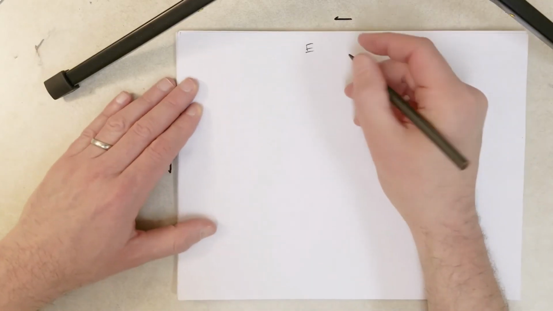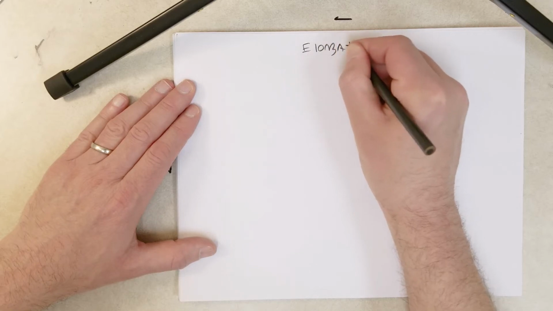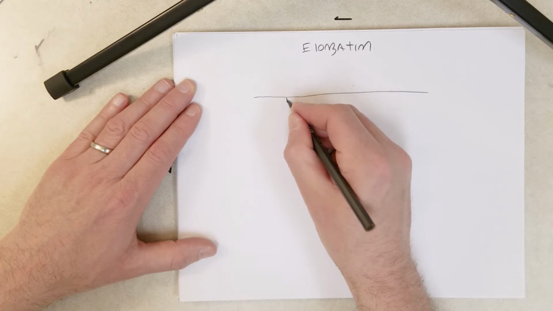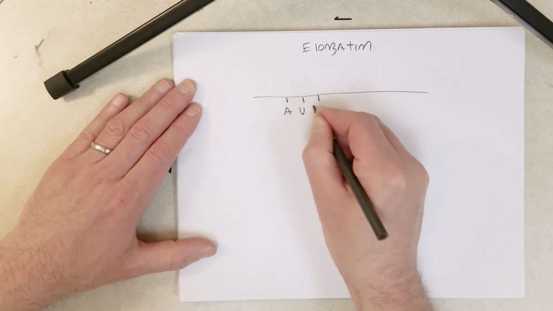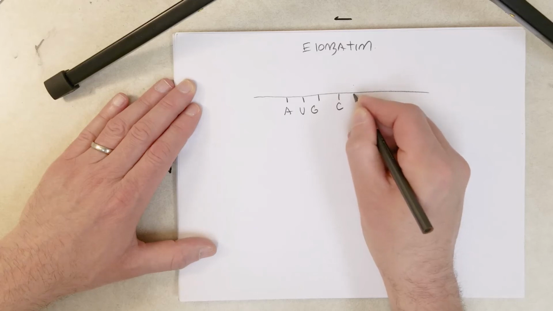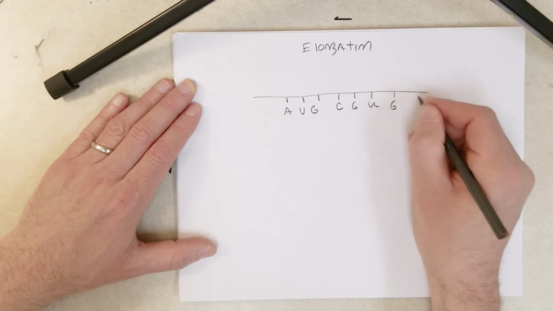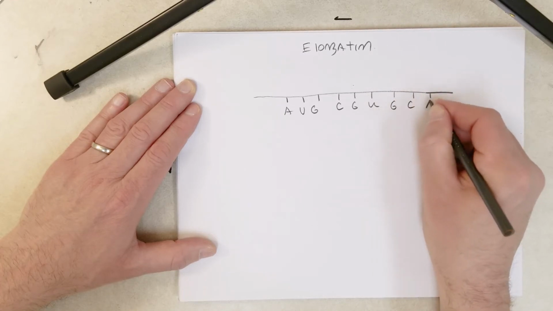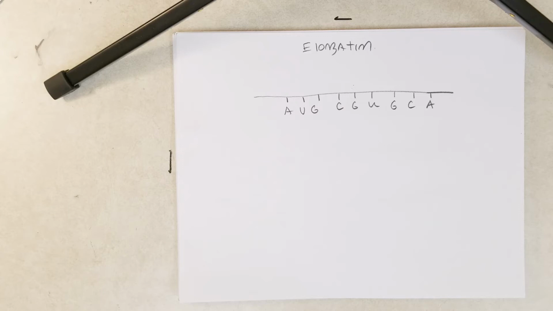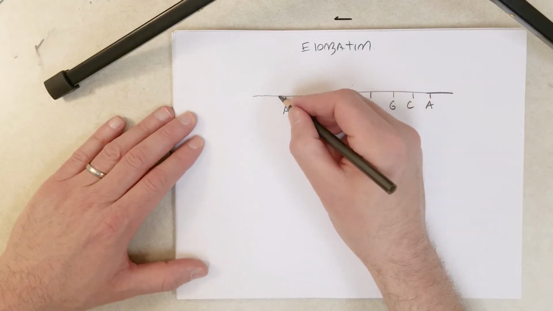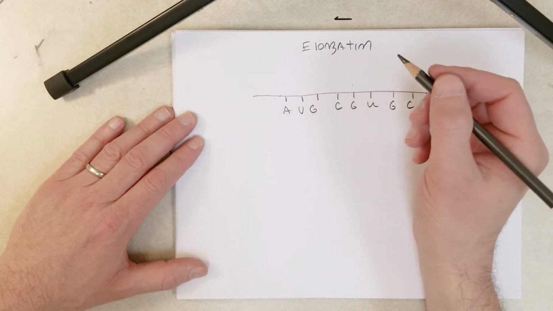Elongation. AUG, CGU, GCA. So I added another codon there. Now, let me see, how do we want to do this?